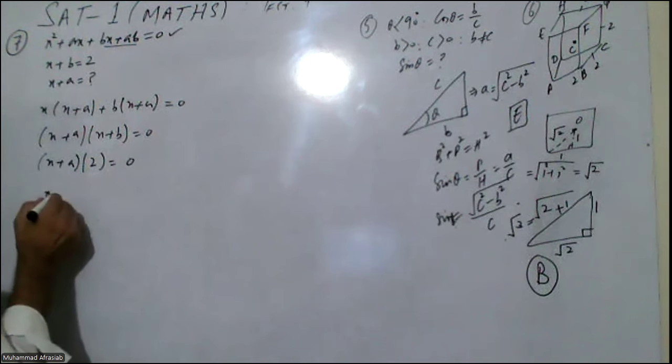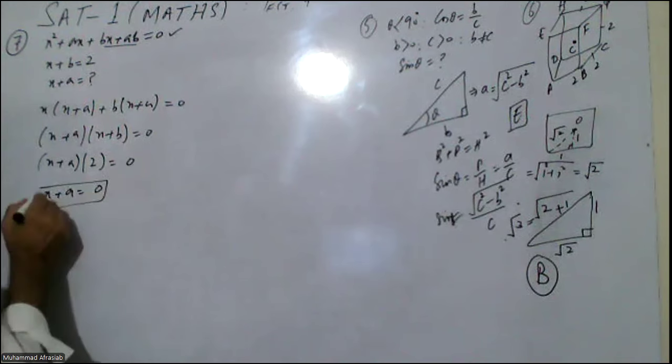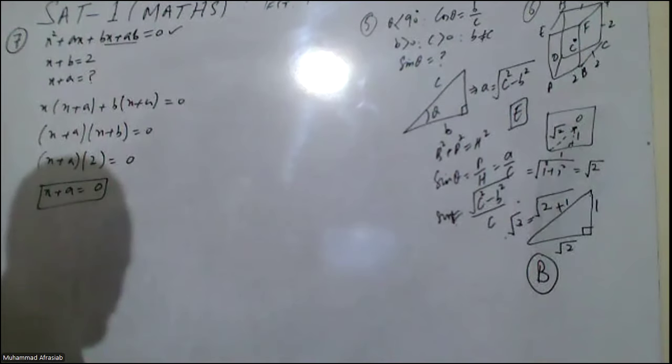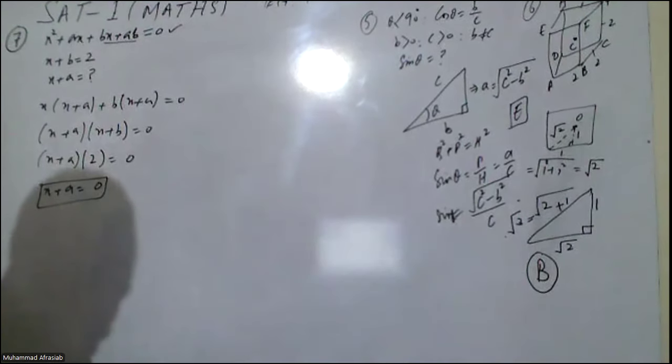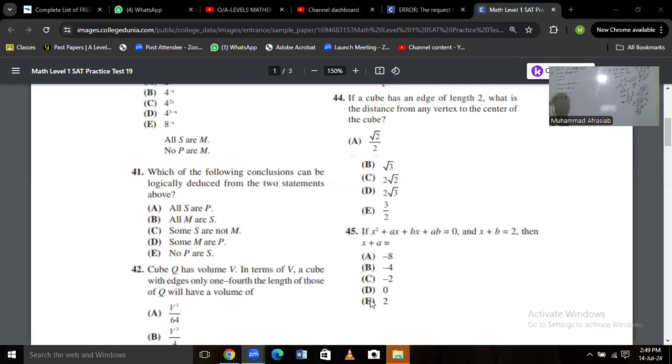So x plus a should be equal to 0 divided by 2, which is 0. So x plus a is equal to 0. And now we have to look at the answers. x plus a is equal to 0 is the answer of this D choice.